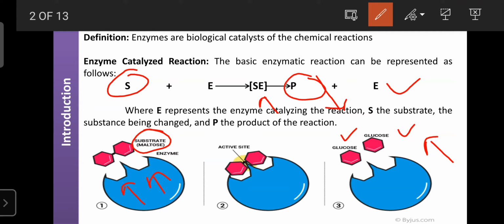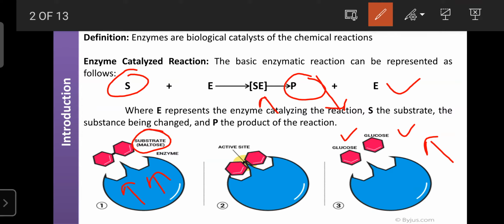If any condition is altered, for example, in our body the small intestine is the site for digestion, metabolism and absorption of food. If there is any alteration in the temperature of the small intestine, all the activities decrease. If stomach or intestine temperature increases due to constipation or other changes, digestion does not occur and you suffer from indigestion, because heat increases in the small intestine due to constipation.